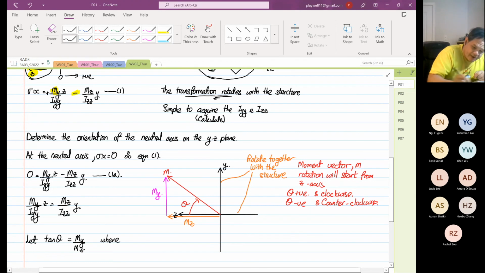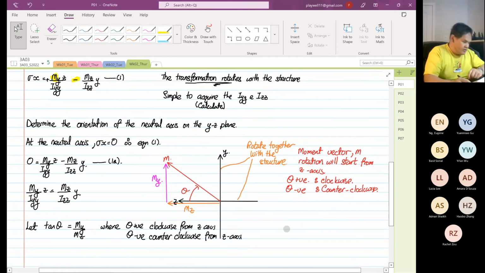We already declared that theta is positive when clockwise from z, and theta is negative when counterclockwise from the z-axis.